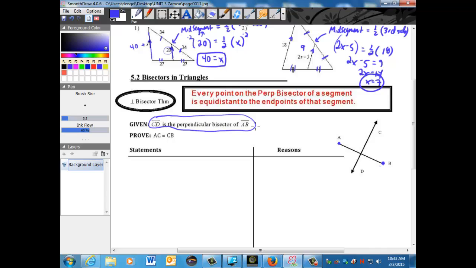Since we're given that, we can now make markings, and we can mark these two sides are the same. This D should have been put right here, so I'm going to move D because D stands for this point here. So we know that these two segments are both congruent because line CD is a perpendicular bisector.